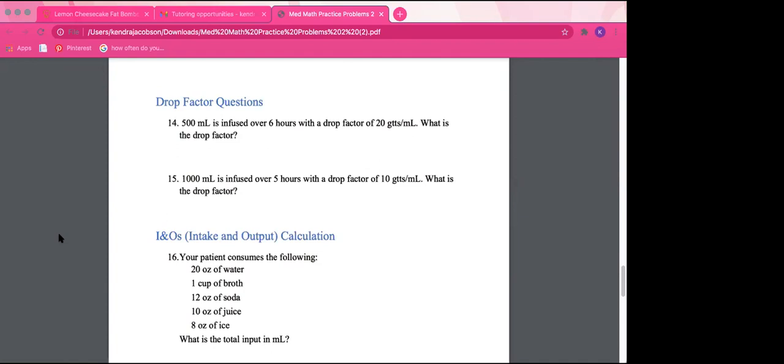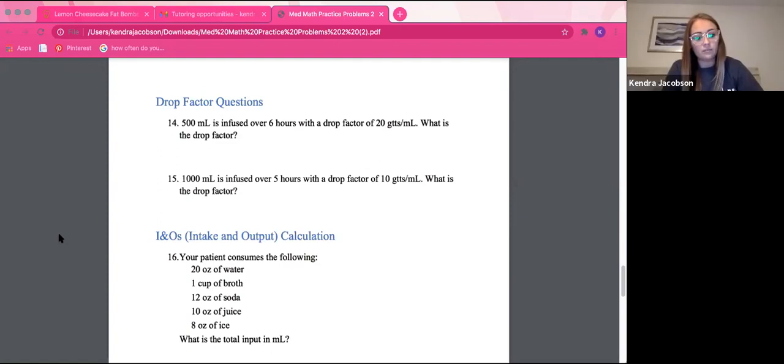Yep, that is correct. After that, the 10 ounces of juice, how many milliliters would that be? I'm seeing 300. That is correct.